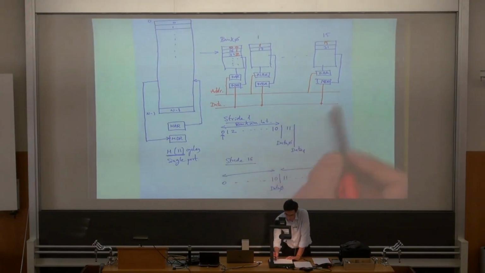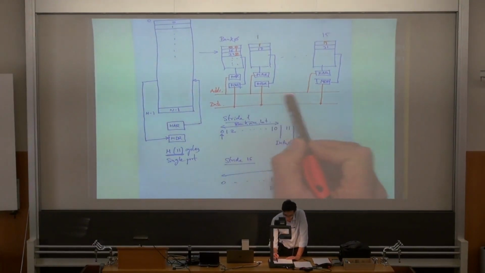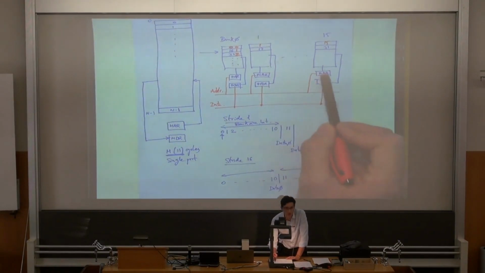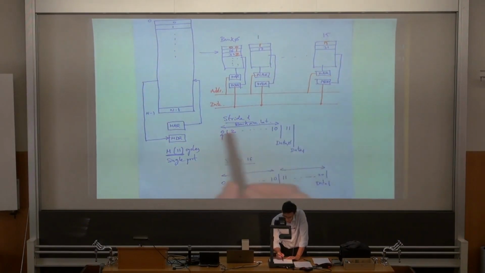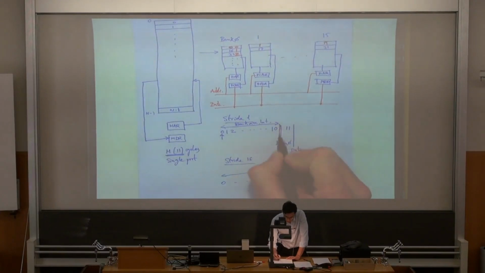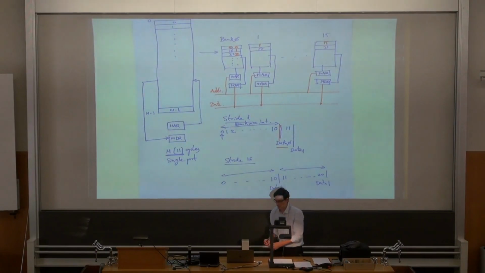And before we finish the generation of the address and the issue of the vector load to all the 16 banks that we have, we are already receiving the first data element 0 in this case.